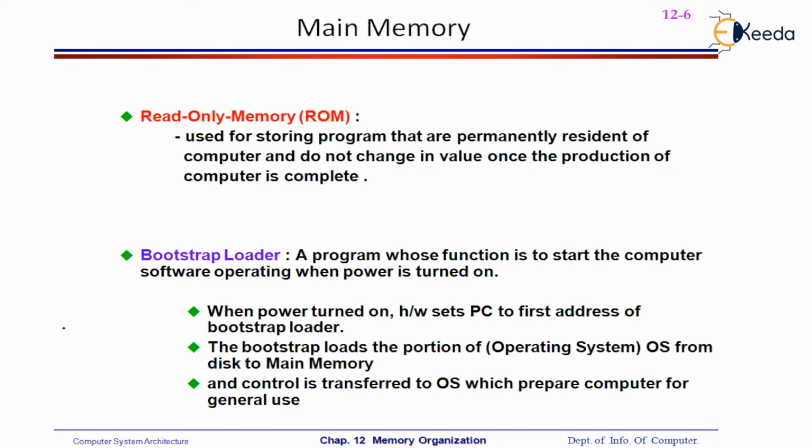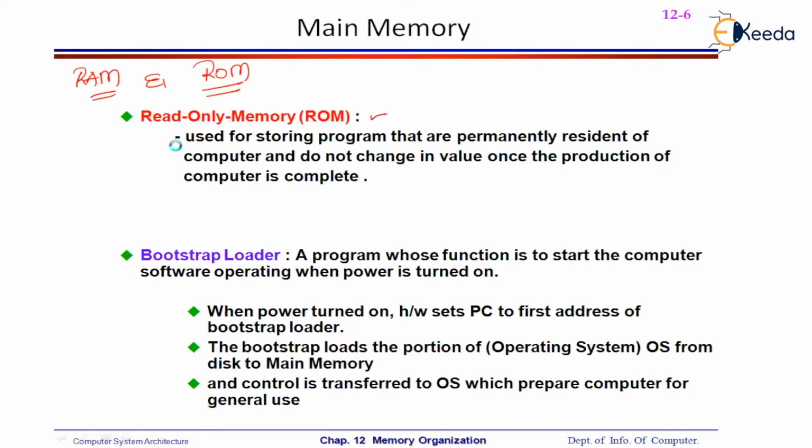Okay, now let us talk about read-only memory. The difference between RAM and ROM is not the way the chips are accessed, but rather the way the chips are used in some operations.